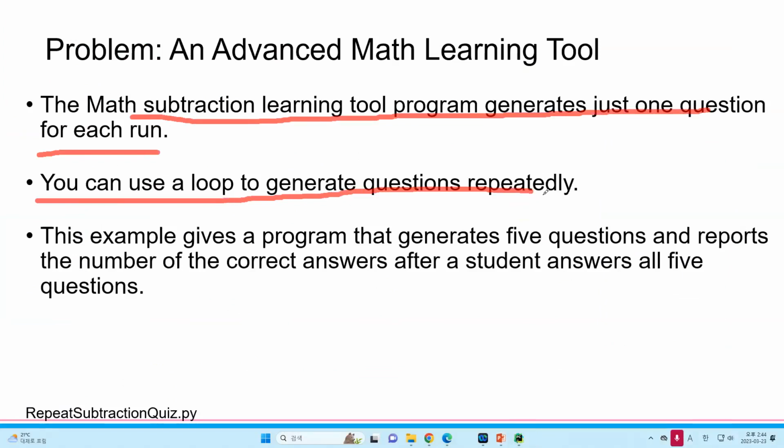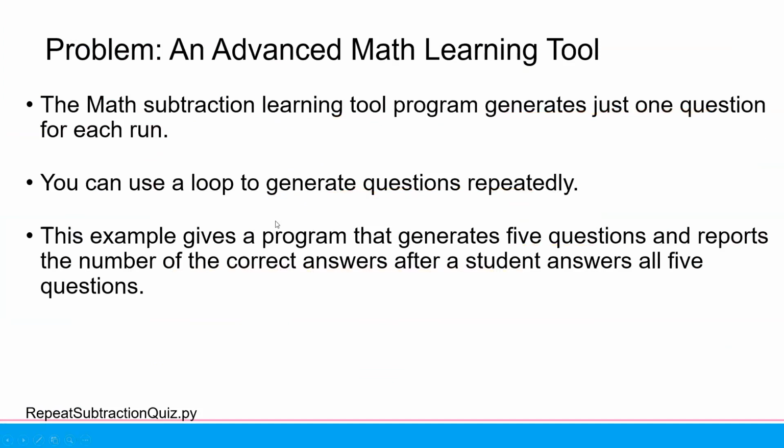In the last chapter, we made the quiz only one time, finish. But what if I want to make, for example, 5 questions, and then give a report to the student? How many problems did the student answer correctly? Okay, so how can we give that kind of answer? So go to the repeat subtraction quiz.